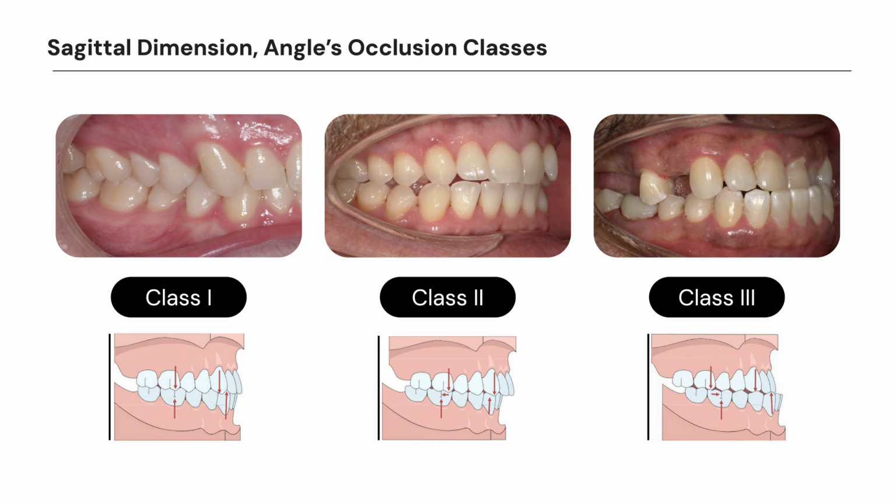Again, one of the cool physiologic things is that we slide and the load is picked up sideways in the right spot, with the canines actually doing most of the work there. Class 2 is where the top teeth are too far forward or the bottom teeth are too far back, and you have sometimes a gap that's associated with that. Class 3, just the opposite. Bottom teeth are too far forward, top teeth are too far back.